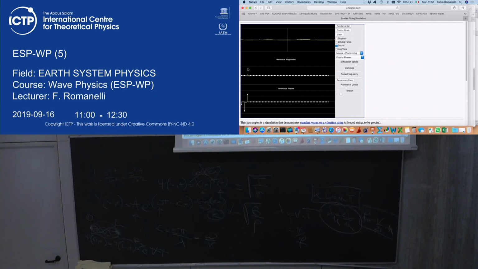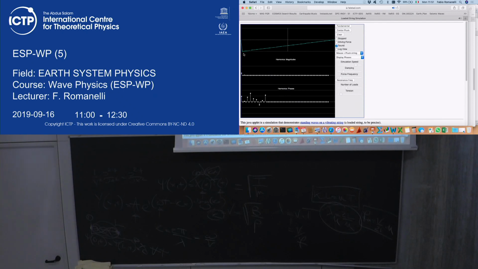Now, during the tutorial, when I pluck the string, I will excite modes. If I pluck it here, now look at the modes that I'm exciting. If I pluck at the center, the fundamental will dominate.